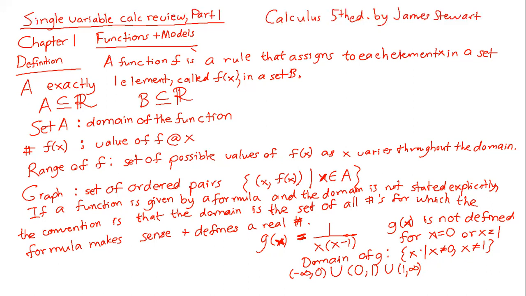All right, and then a few more things about functions. Just so people remember the idea, a vertical line test can be used to test if something is a function. Remember that we're looking at calculus of single variables right now. So that means that we will have functions like f of x, where x is a real number, and f of x is also a real number.